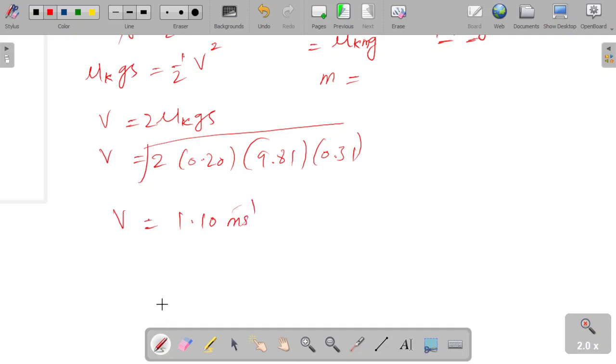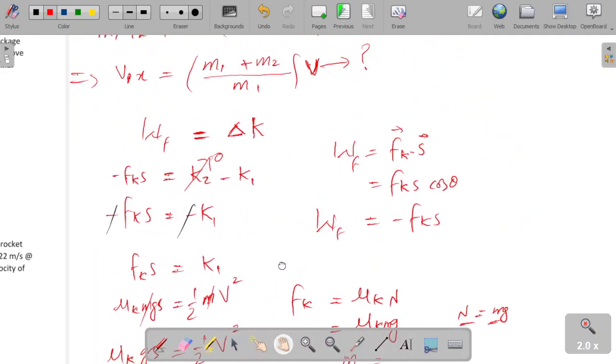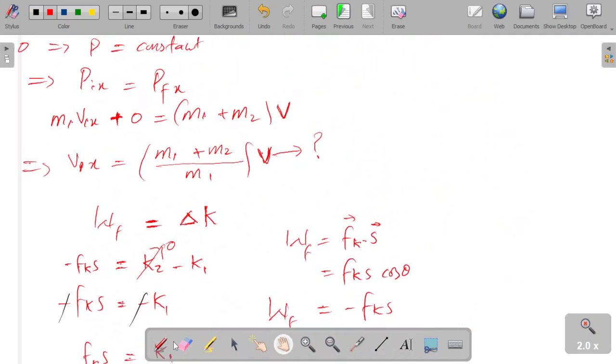Now we can put this value in the equation. I call this equation 1.